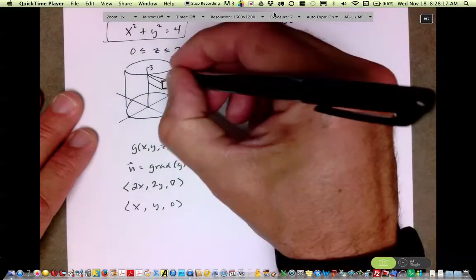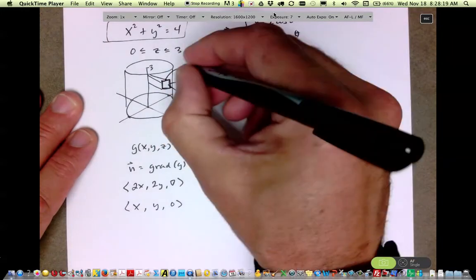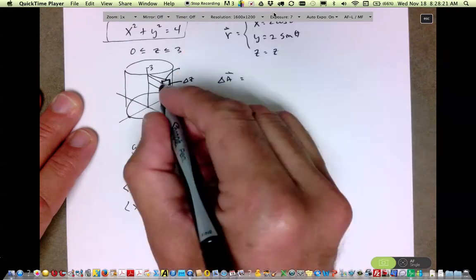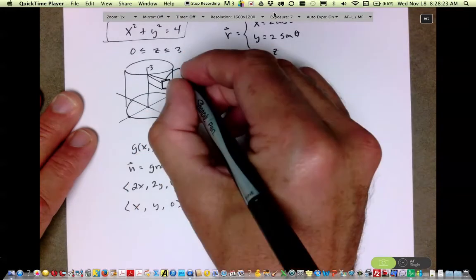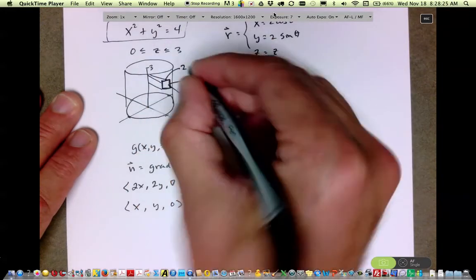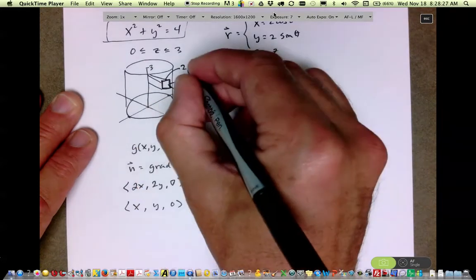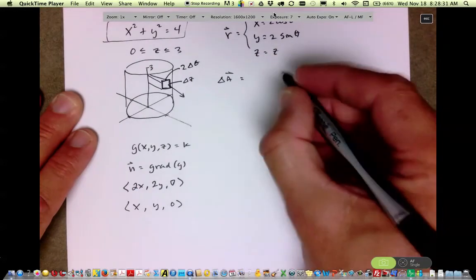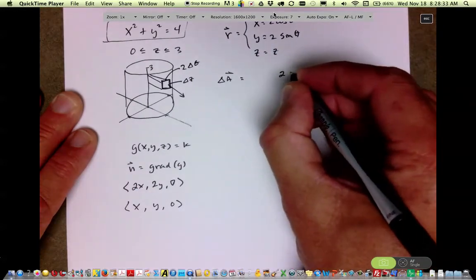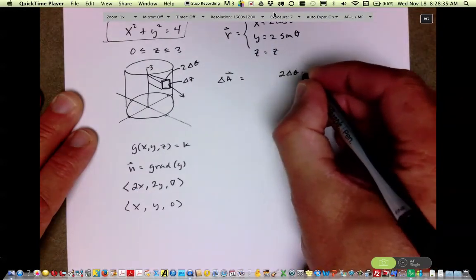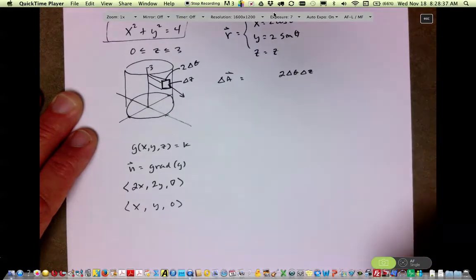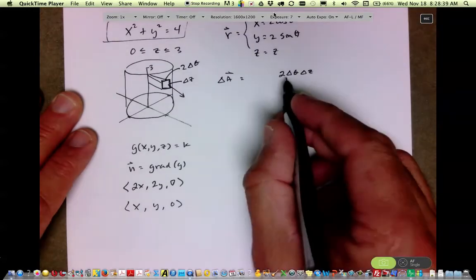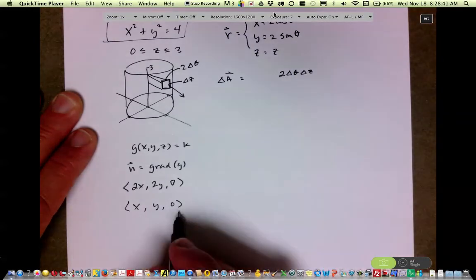And then from what we did in polar coordinates, this side is going to be equal to the radius of the cylinder, which was, in this case, 2, and then times delta theta. All right, so the area of this thing is going to be 2 delta theta times delta z. Okay, that's the area of the patch. And it's going to be pointing in this direction.